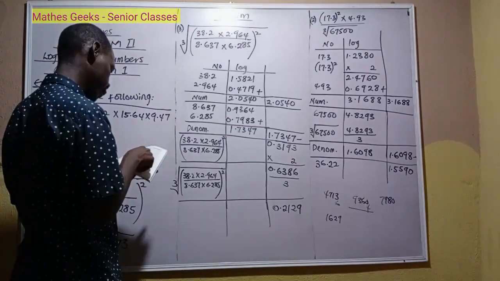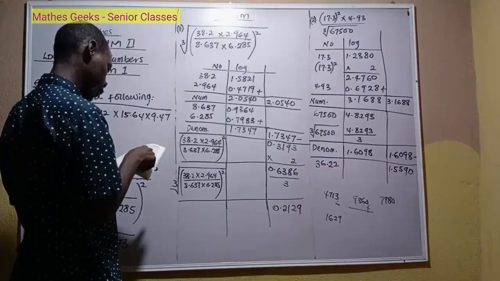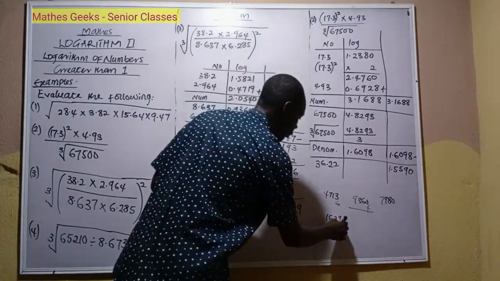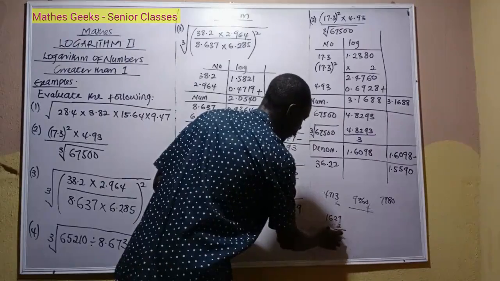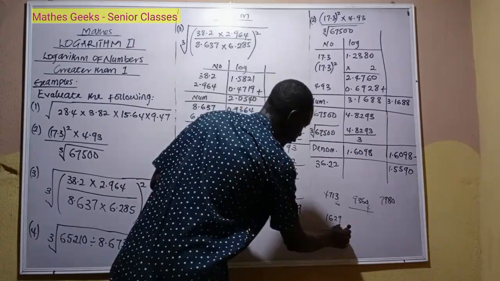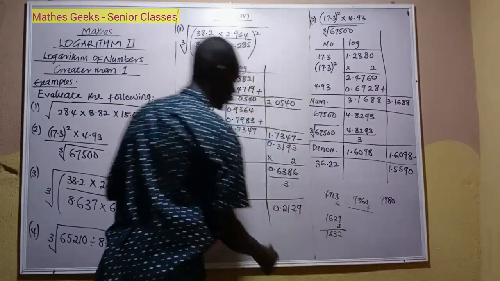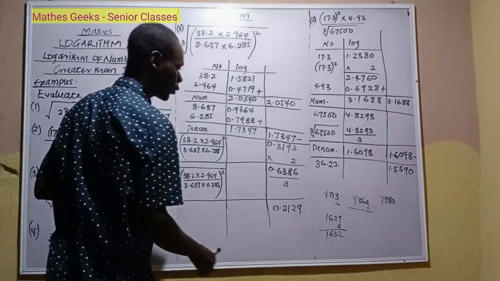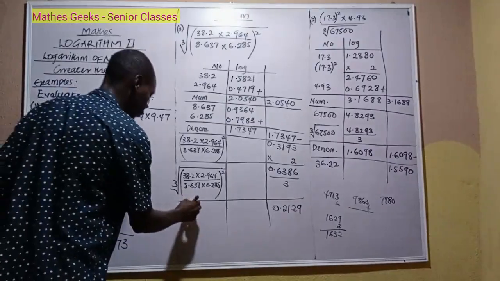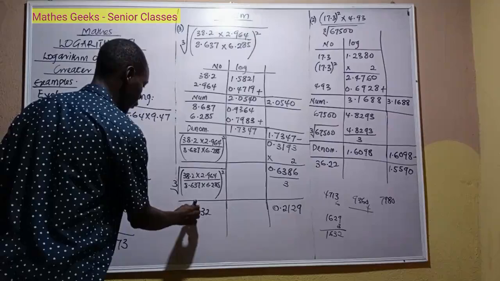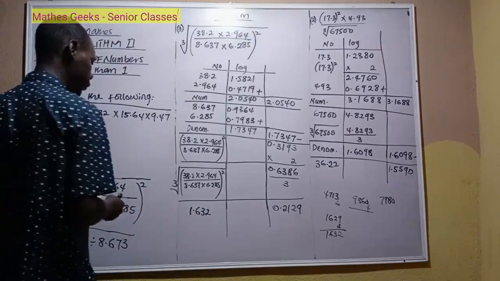Difference 9. Difference 9 will give me 3. That's 9 plus 3, 12, 13, 6, 1. That will give me 1.63. So that's my answer.